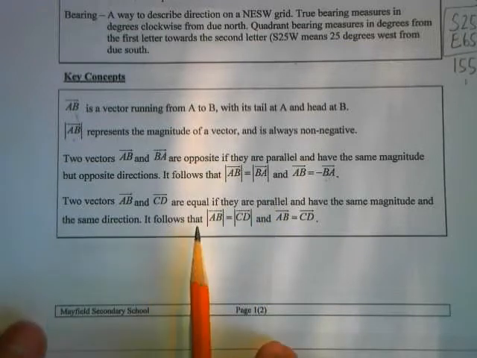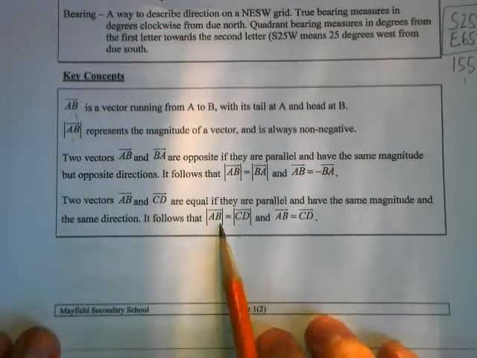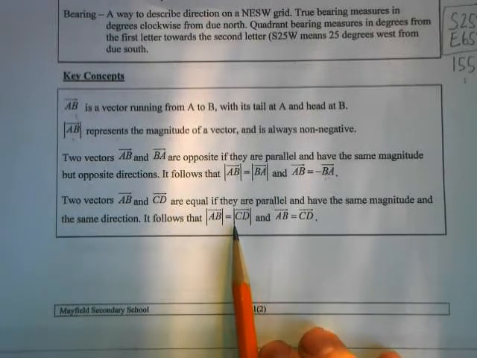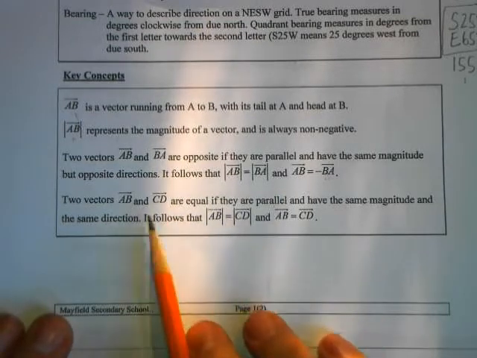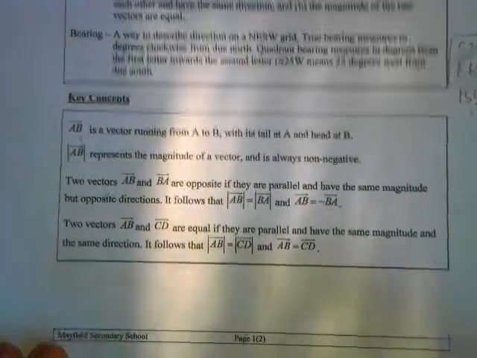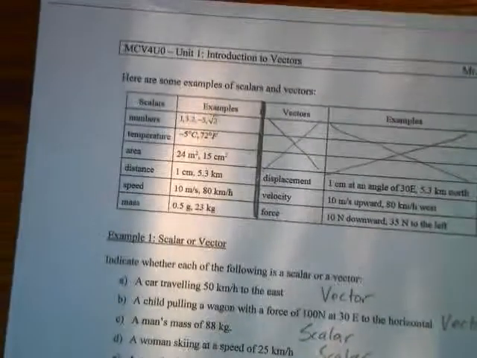So it follows that the magnitude of vector AB is equal to the magnitude of vector CD. Obviously, if these two vectors are equal, their magnitudes have to be equal. And you could also say those two vectors are equal with an equal sign in between. Okay, so lots of new information about these vectors.